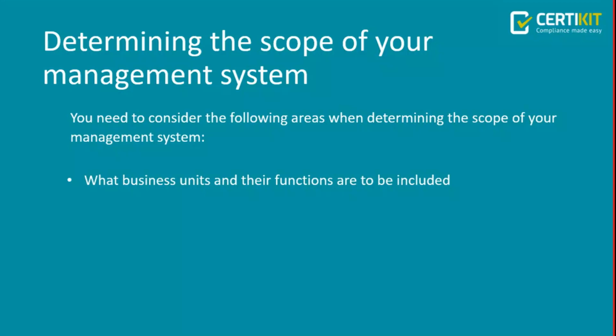Now, some management systems like 9001, 27001 to an extent, will allow you to say, well, I'm going to include production, but I'm not doing sales. I'm going to do customer services, but I'm not doing finance. Those production and customer services will fall under the scope.